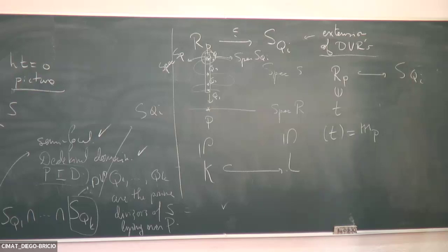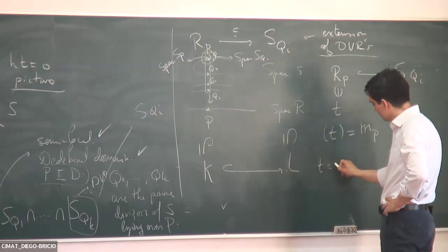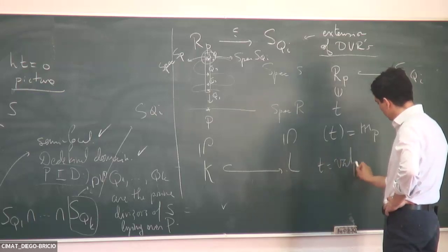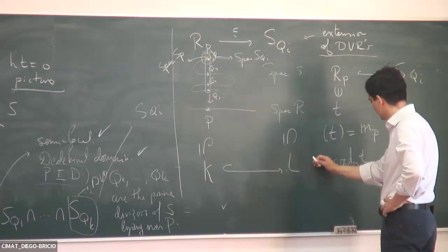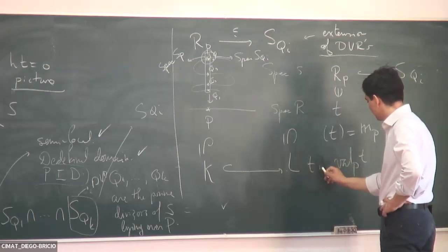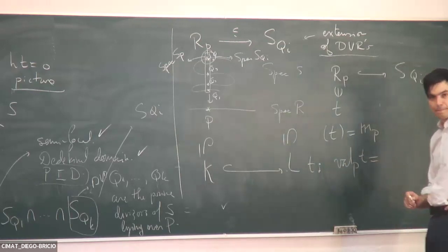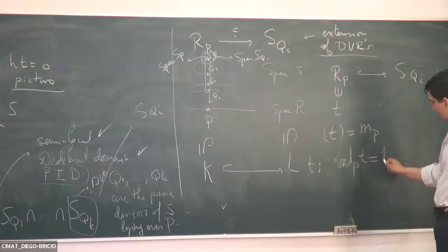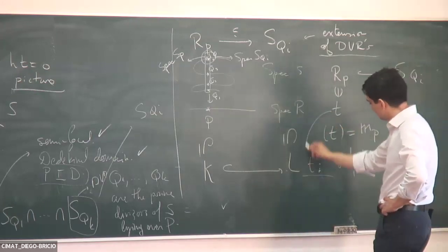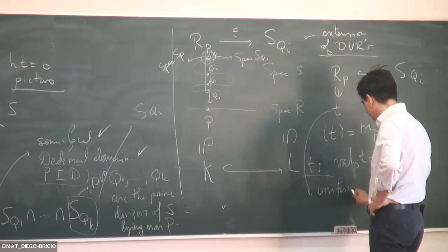It's generated by one element because it is regular. So in fact, this T can be taken to be any element whose valuation is exactly 1. Okay? So this is the uniformizer, or a uniformizer.